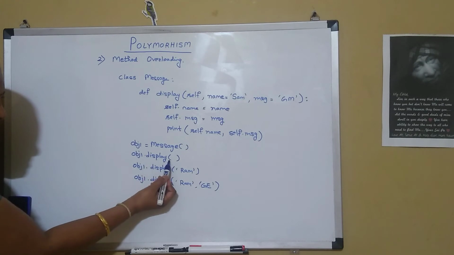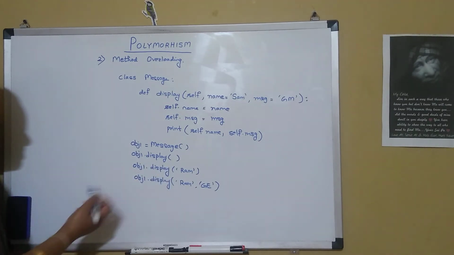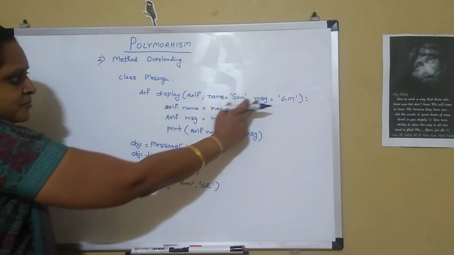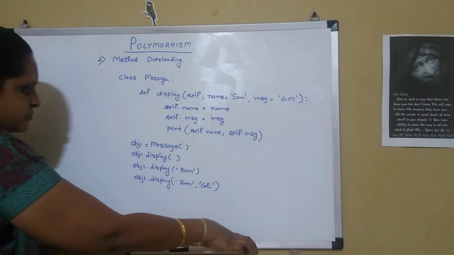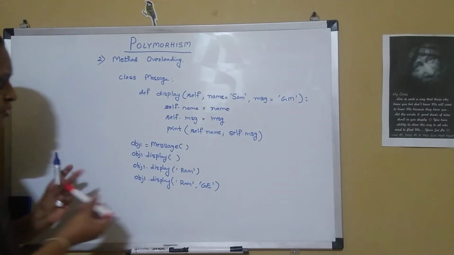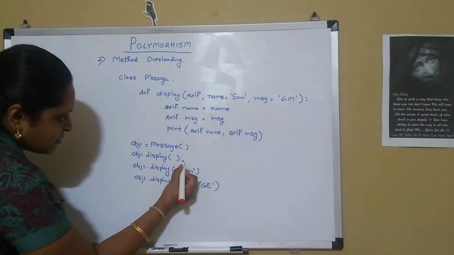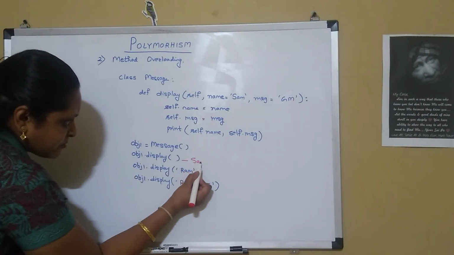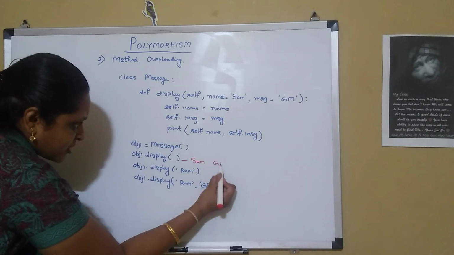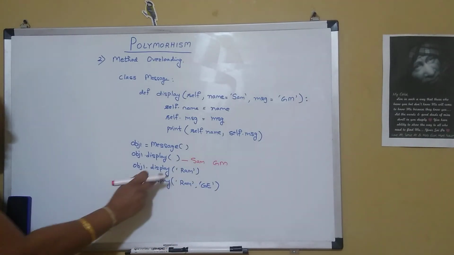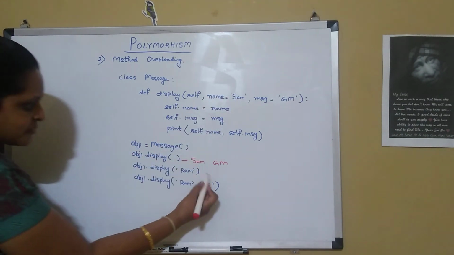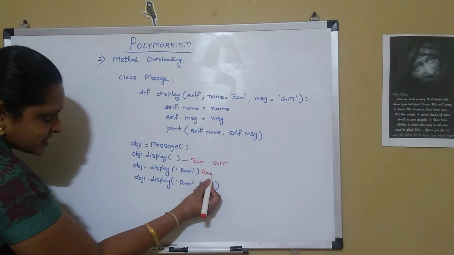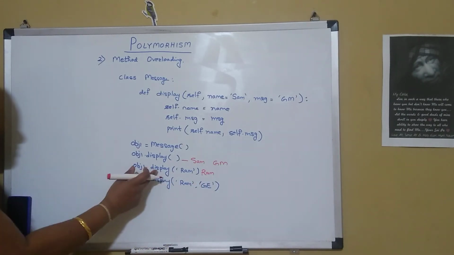In the first case, it is not having any parameters, so it will consider the default parameters, that is Sam and good morning. So when I print display with no parameters, it will print Sam and good morning. And when I am passing one parameter, instead of Sam, it will take Ram as the value, since we are passing it in the method call.